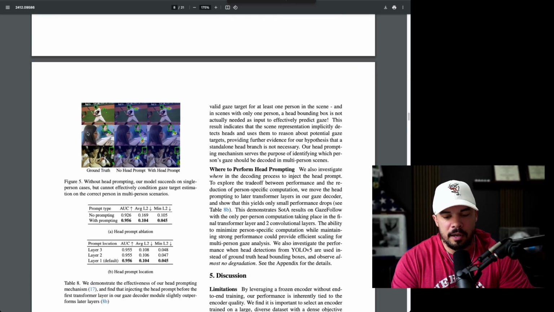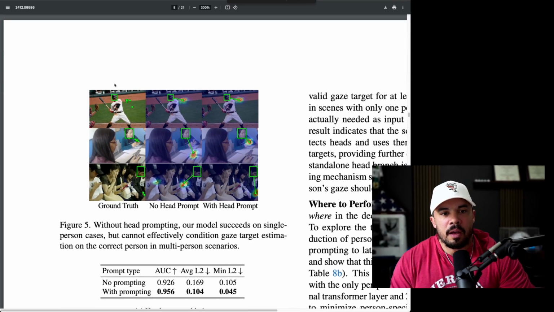So you can see here, if we blow this up, here's where, with certain likelihood, the individual could be looking. This is the ground truth, and that's not all, because we have eyeballs, right? So there has to be a bunch of elements of image recognition, understanding where the head is, and then where the eyeballs are looking.